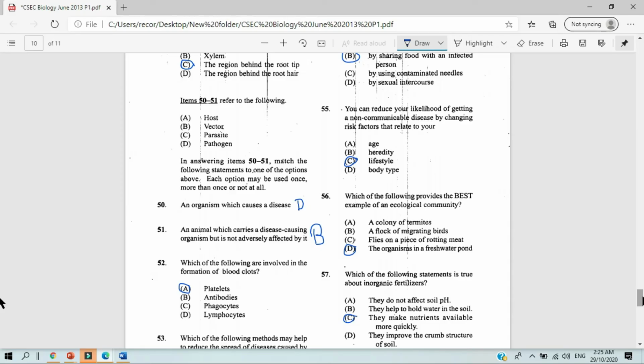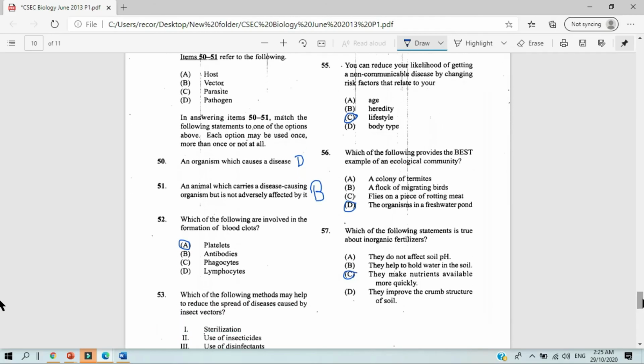Now 57, which of the following statements is true about inorganic fertilizers? Look at inorganic. It's very important that you pay attention to these words. We want to know what is true. What is true about it is that it makes nutrients available more quickly.